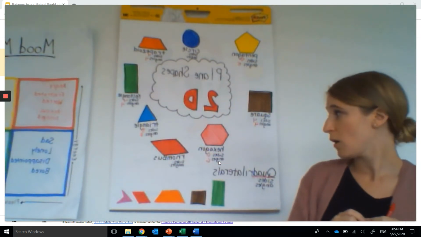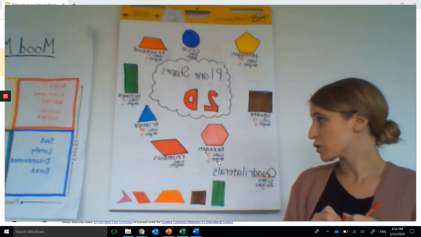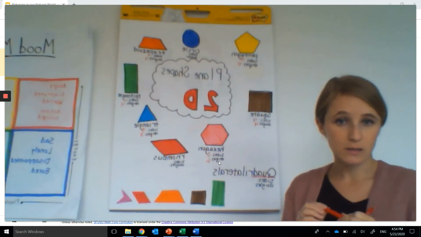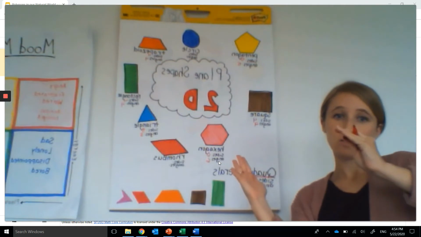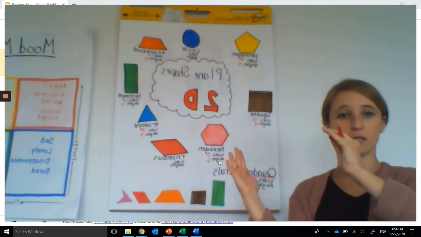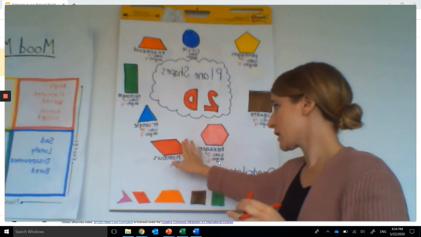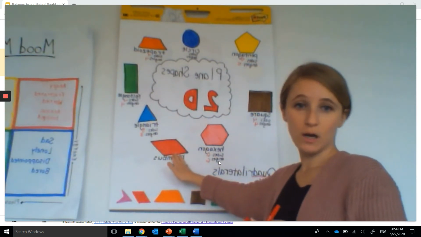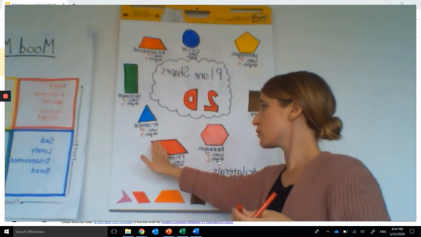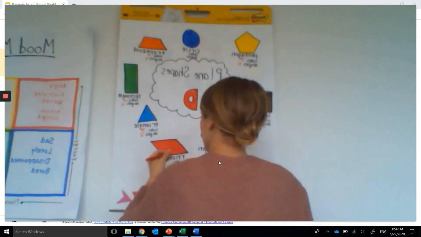Okay. Lastly, we have a shape called a rhombus. A rhombus is kind of like a square or a rectangle that's been turned a little bit sideways. It's tilting over a little bit. So let's count. We have 1, 2, 3, 4 sides, and 1, 2, 3, 4 angles.